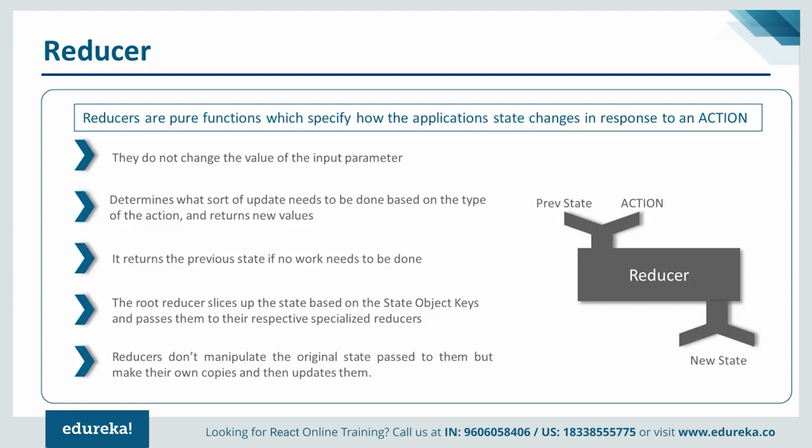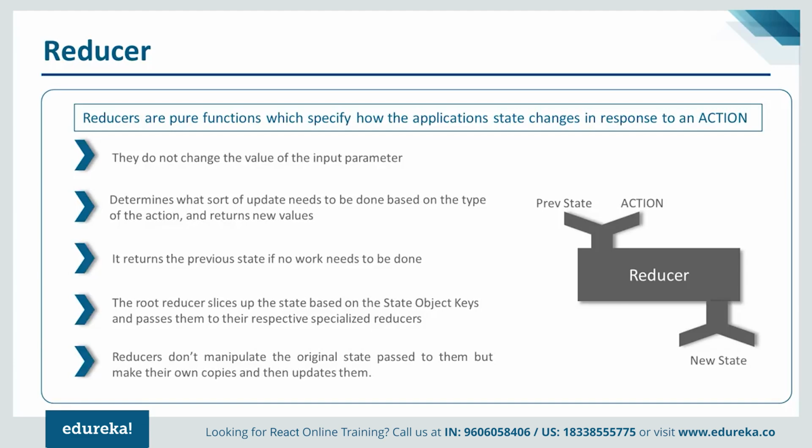You cannot have multiple stores. The store will always be single. The store will always be one. And reducers can be multiple. But in those multiple reducers, there needs to be a root reducer. The root reducer slices up the state based on the state object keys and passes them to their respective specialized reducers.